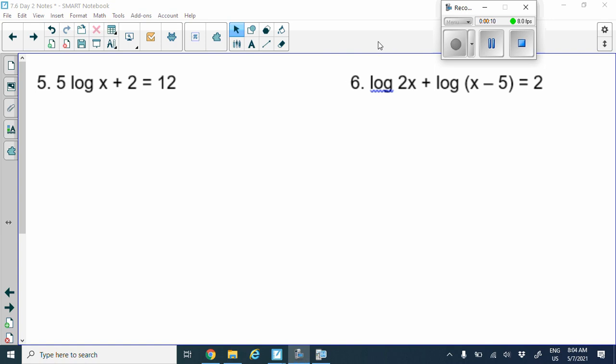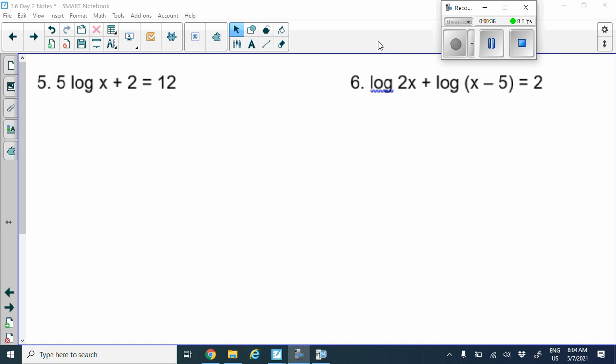Okay, so if you notice on the past 4 examples, our logarithm was always isolated. So either if you have a log equals a log, just automatically set what's in the parentheses equal to each other. If you have a log equals a number, you do need to make sure that your log is isolated. So like here on number 5, we have 5 times log of x plus 2 equals 12.